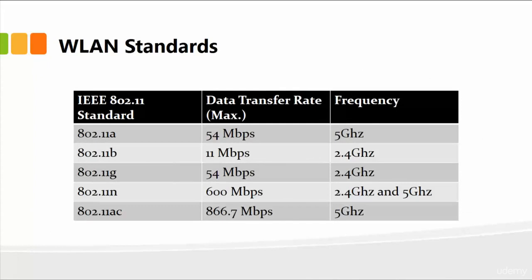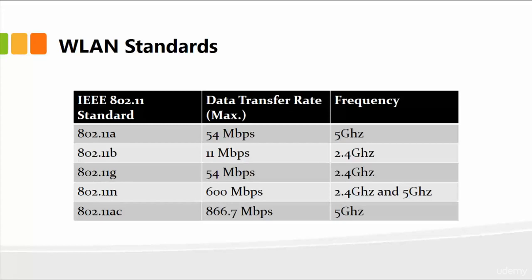Here are some of the standards. So I've put together this simple grid where you can actually see the IEEE 802.11 standards, which has category A, B, G, N, and C, and then the data transfer rate, and these are the maximum.